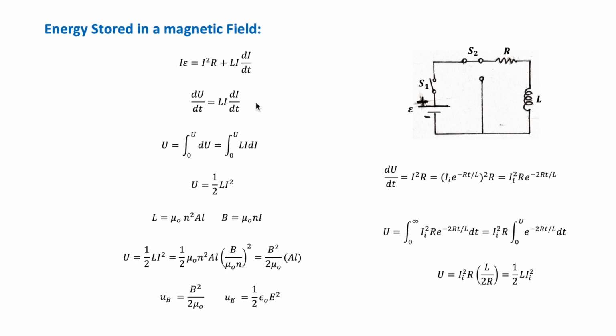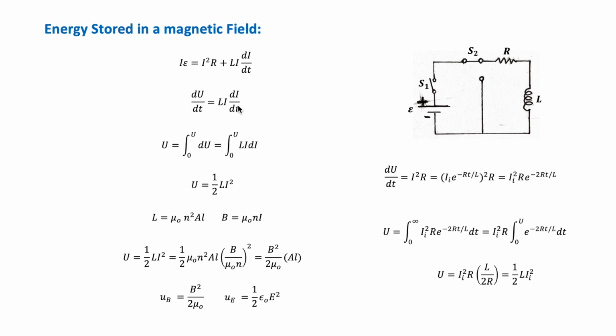And so this is a statement of the conservation of energy if the circuit is isolated. If it's not isolated, some energy will leave the resistor through heat or electromagnetic radiation. So let the energy stored in the inductor at any time be U. Then the rate dU over dt at which energy is delivered to the inductor is equal to L I di over dt.